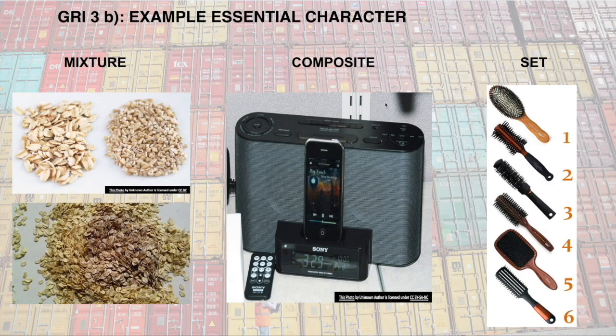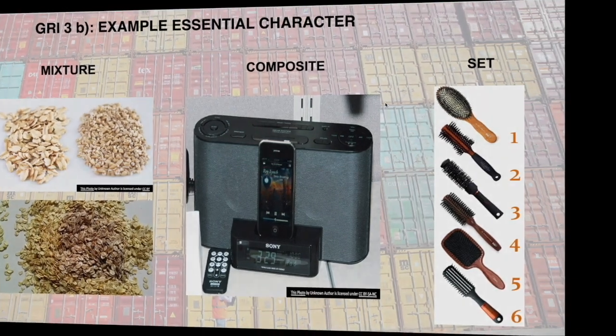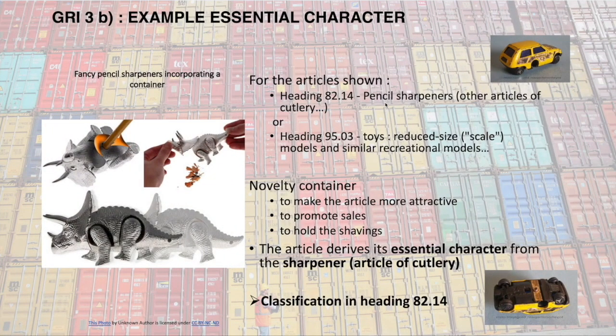We can see an example of sets on the right of the slide. This one is an example of a composite product. It's a pencil sharpener with a container in the shape of a dinosaur, a toy. This pencil sharpener incorporates a kind of toy, a scale dinosaur, which has the function of holding the shavings, but also of making the product more attractive.